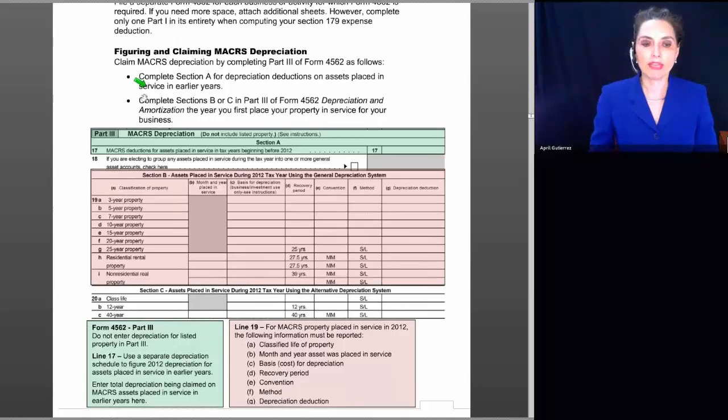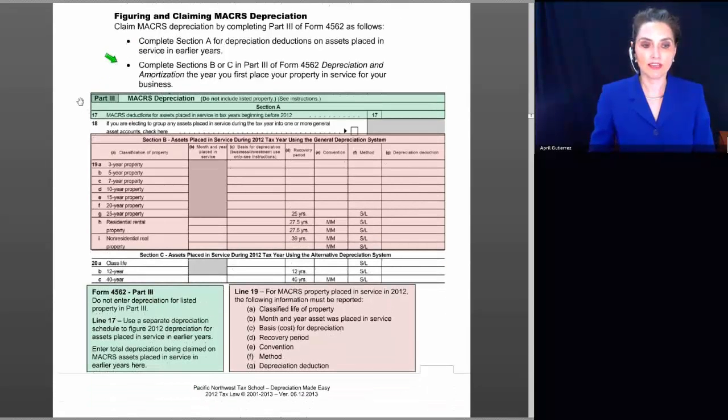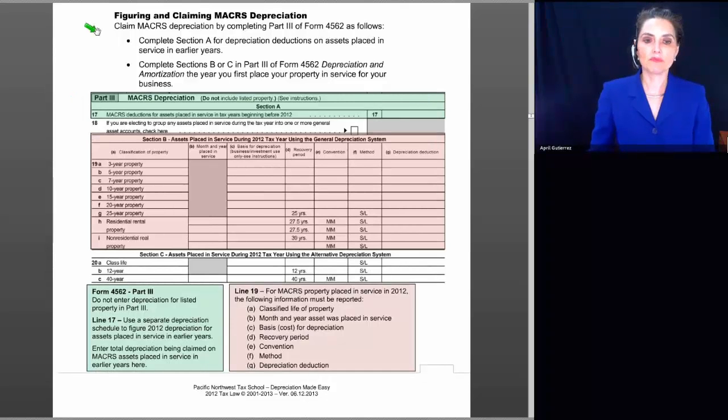Figuring and claiming MACRS depreciation is done in Part 3. You claim MACRS depreciation by completing Part 3 of Form 4562 as follows. You complete Section A, which is the green section up here, for depreciation deductions on assets that you placed in service in earlier years. You'll see it says line 17, MACRS deductions for assets placed in service in tax years beginning before 2012.